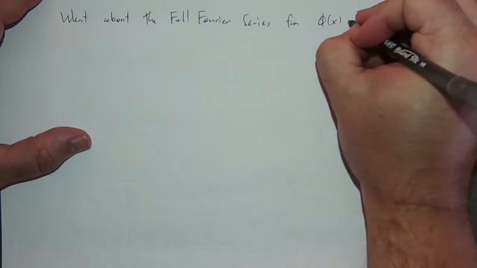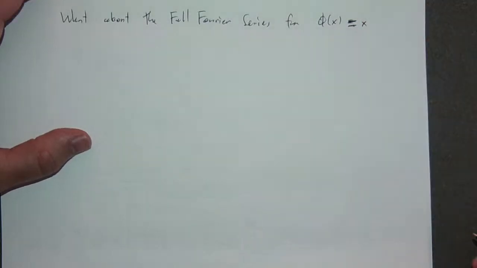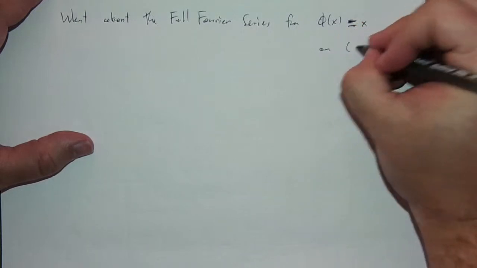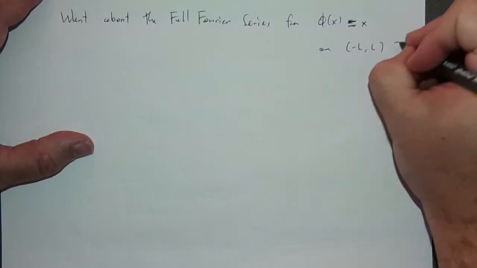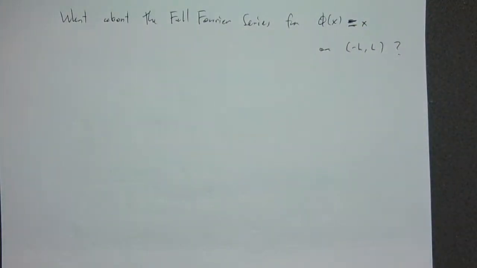Why did I write identically equals here? V of x equals x on, we'll say minus L to L. Well, there's two ways you can do this. You can compute this directly from the definition of these things, and you'll get your answer.